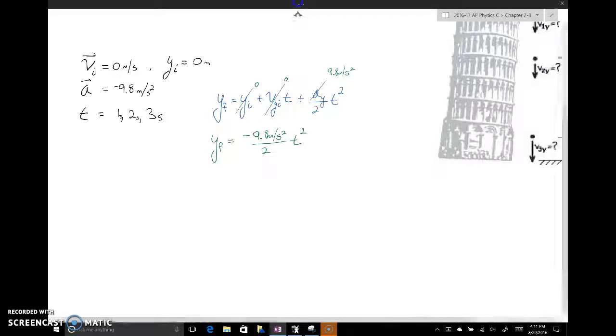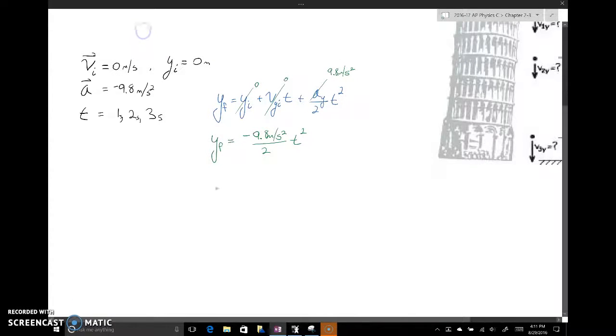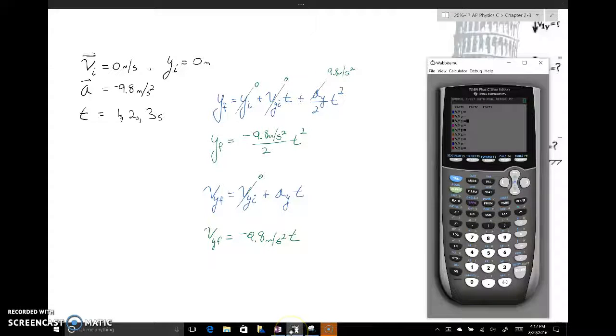And then our velocity function looks like that. We can plug in here as well. We'll start from rest. So there we go. Since we need to evaluate this multiple times, we're going to put this into the calculator. There we go. That's our blue.